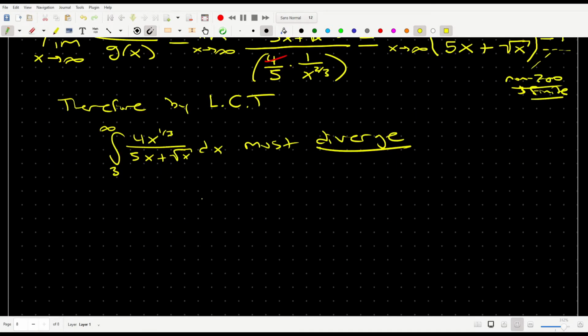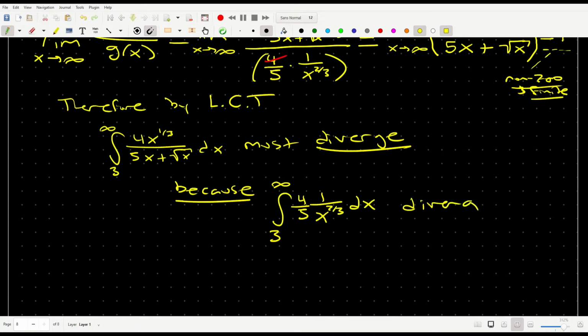And this is because the simpler comparison function, the integral from 3 to infinity of 4/5 times 1 over x to the 2/3, diverges. And this is guaranteed by the limit comparison theorem.